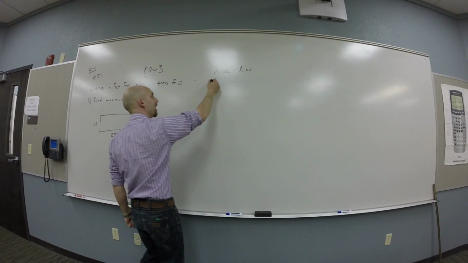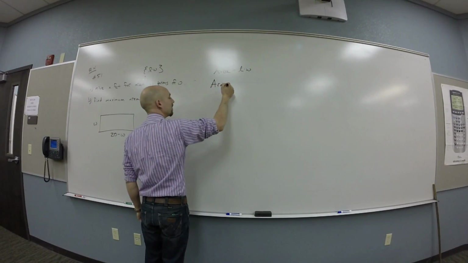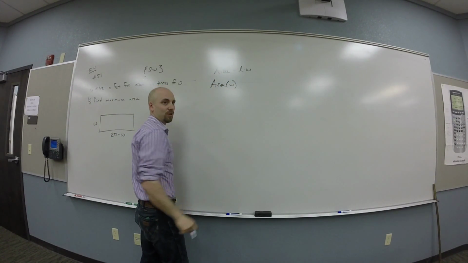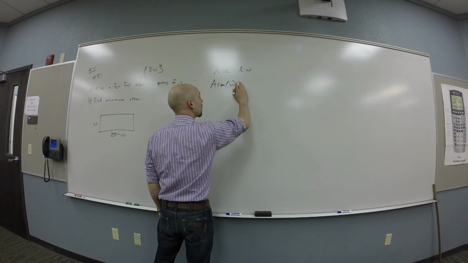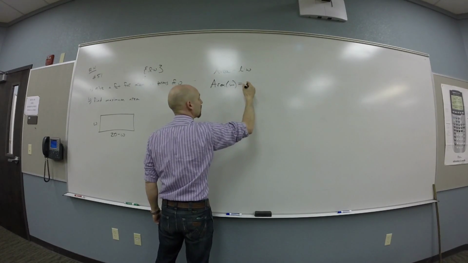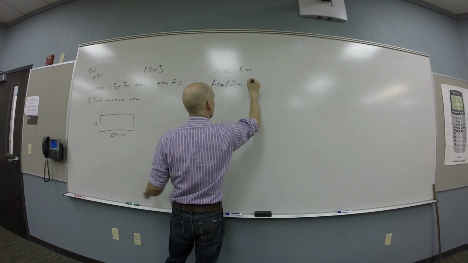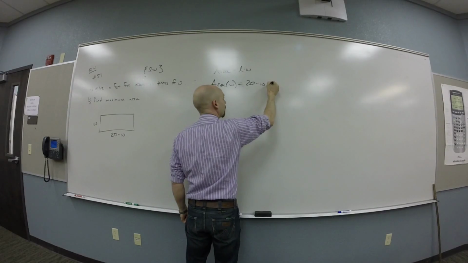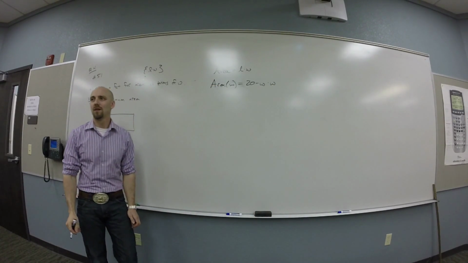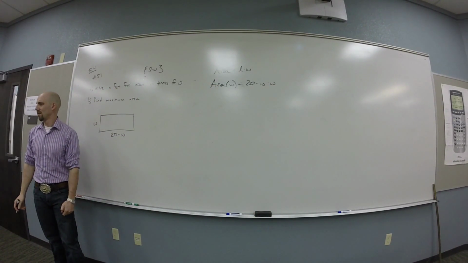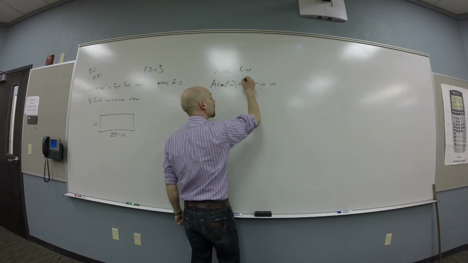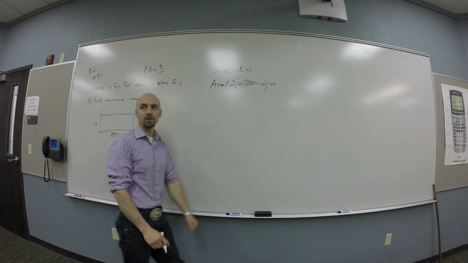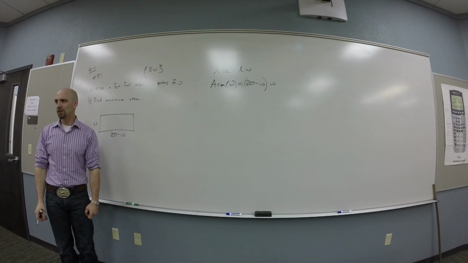So I could probably write area as a function of W, right? Is length, 20 minus W, times W. Is that right? 20 minus W, parentheses. Yeah, I want that whole length times that whole width, right? So this whole thing needs to be multiplied. That's really an order of operations problem, right?